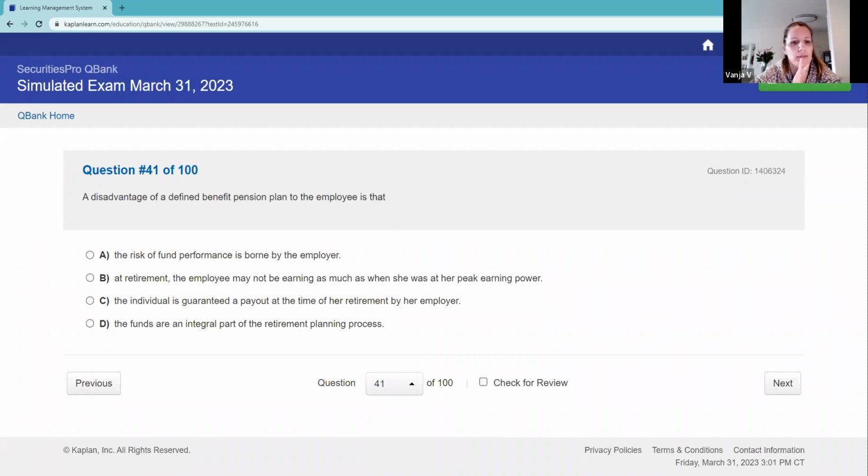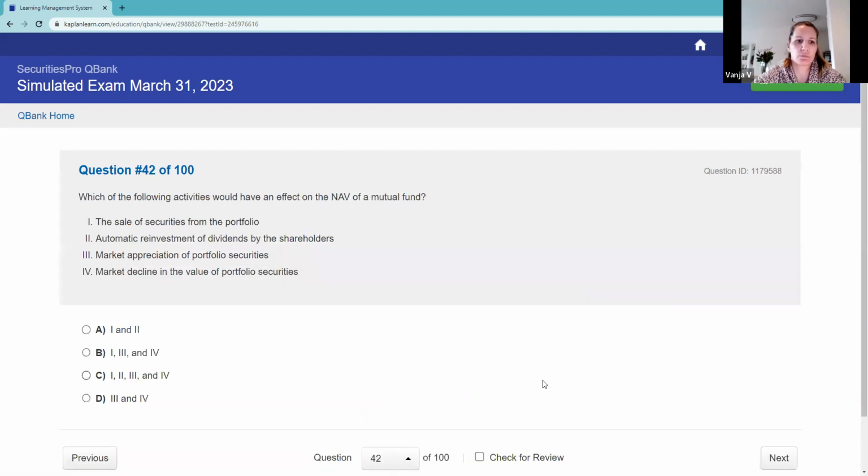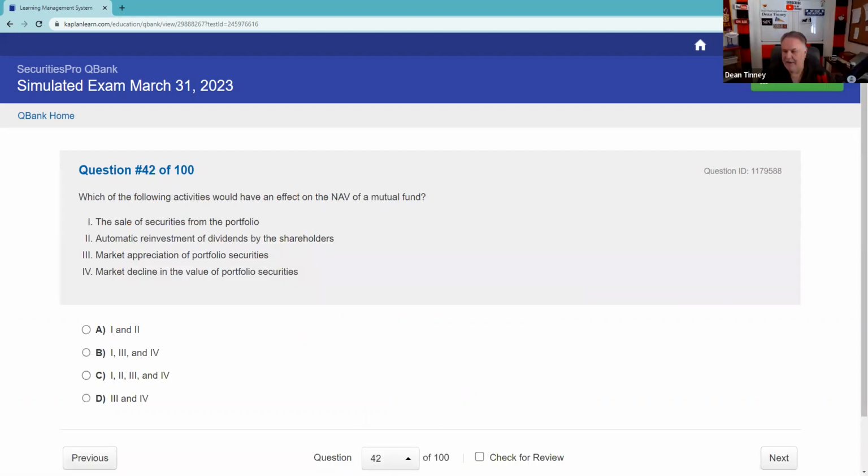I'm going to go with B because the person could potentially earn more than what they agreed upon. B as in boy. Excellent. That's exactly right. So if at your peak earning power you're making 120, your retirement paycheck is 80, right? Excellent.